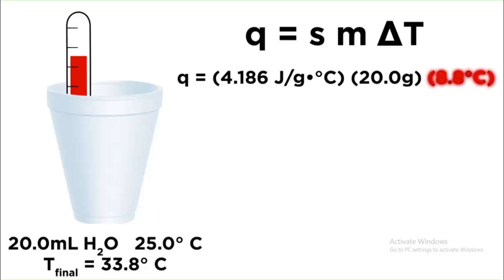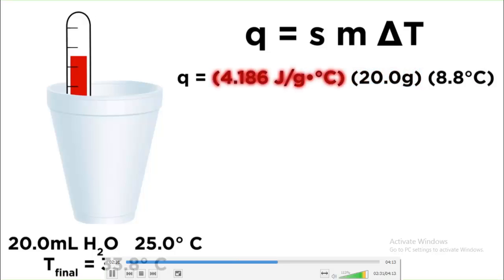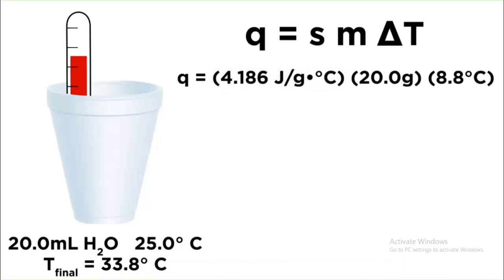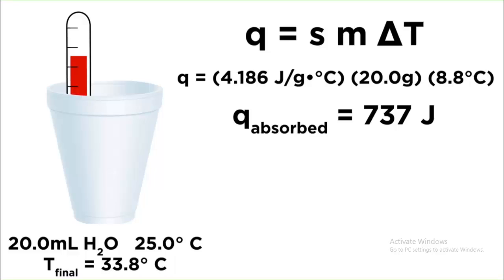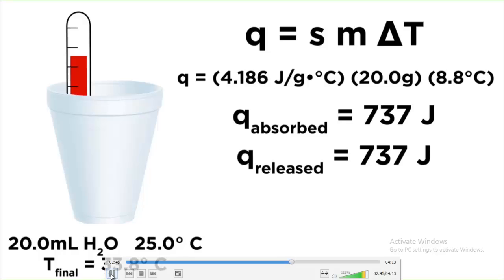The temperature change is what you recorded. The mass of water in grams is equal to the number of milliliters of water. And the specific heat of water is a known value. This allows us to calculate the heat absorbed by the water. Well, the heat absorbed by the water was the heat released by the metal. So we can take that same quantity.